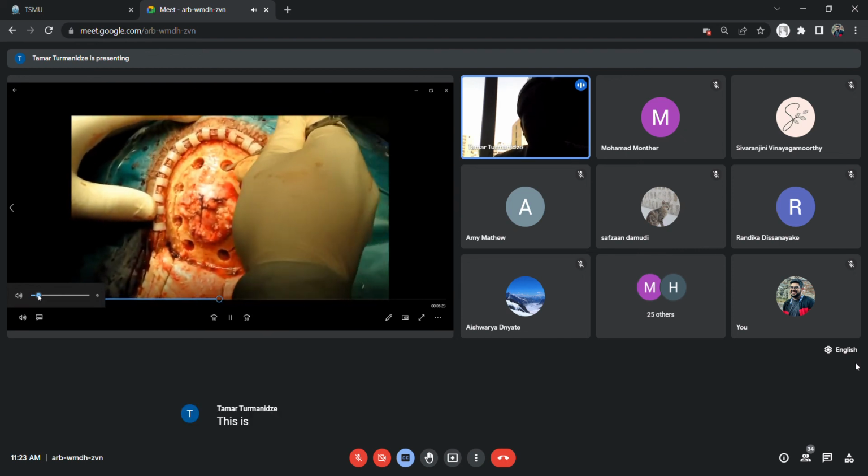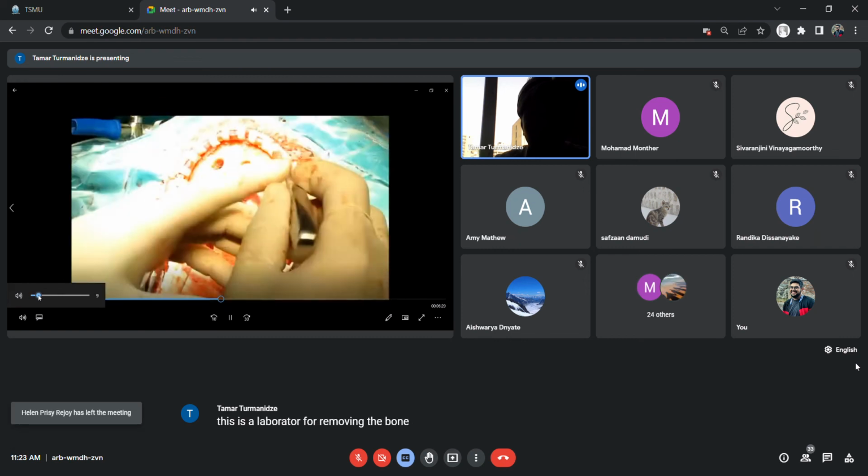This is an elevator for removing the bone from the skull.